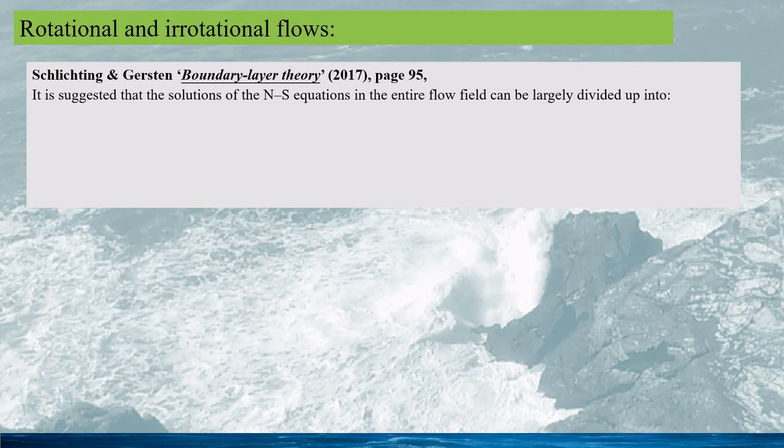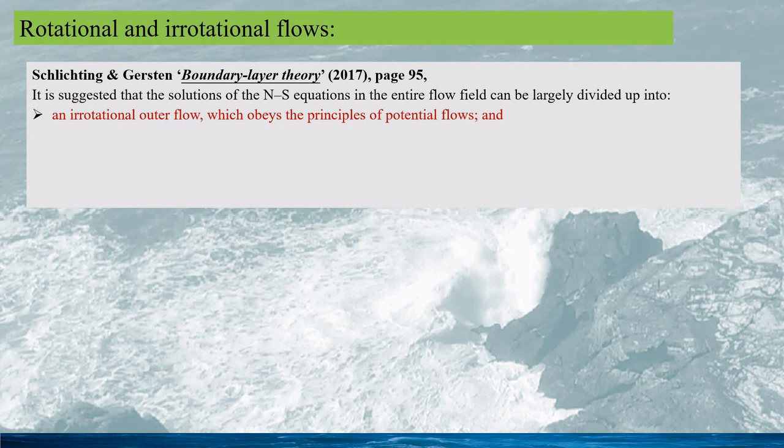In the book on boundary layer theory, on page 95, it is suggested that the solutions of the Navier-Stokes equation in the entire flow field can be divided into two parts, as we can see in the flow passing an airfoil.